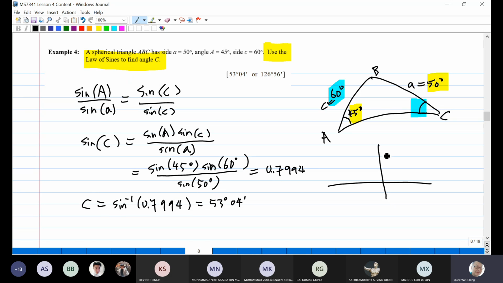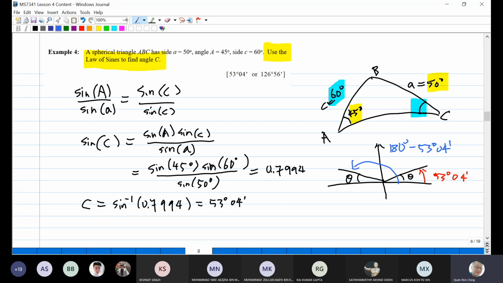Draw the theta here, and another theta here. So the first answer is this one, 53 degrees 04 minutes. The other answer would be this one, 180 degrees minus 53 degrees 4 minutes here.